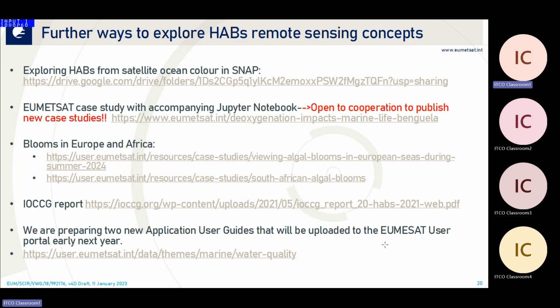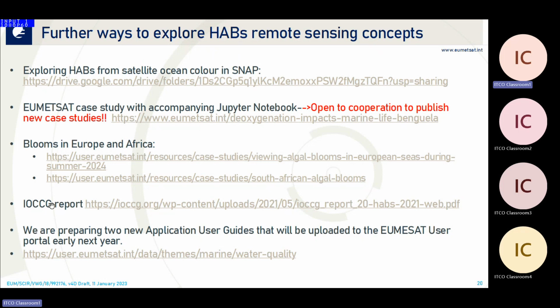And this is the newest one, the deoxygenation impacts on marine life in the Benguela area. But there are other use cases in Europe and Africa, also from the EUMETSAT user portal. Of course, it's very important to mention the IOCCG report on HABs from 2021.